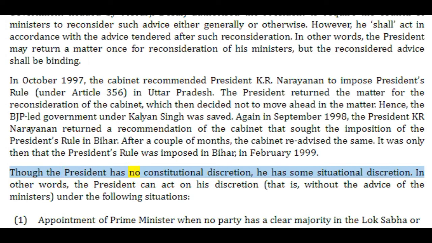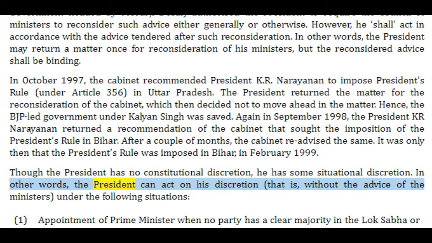Though the President has no constitutional discretion, he has some situational discretion. In other words, the President can act on his discretion, that is, without the advice of the ministers, under the following situations. 1.